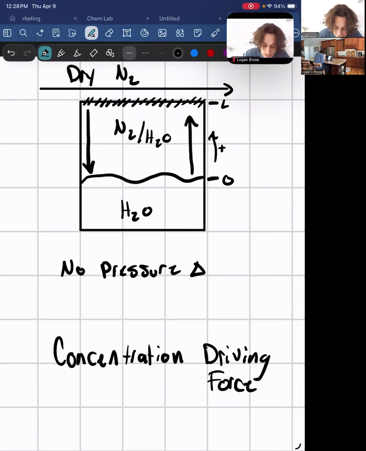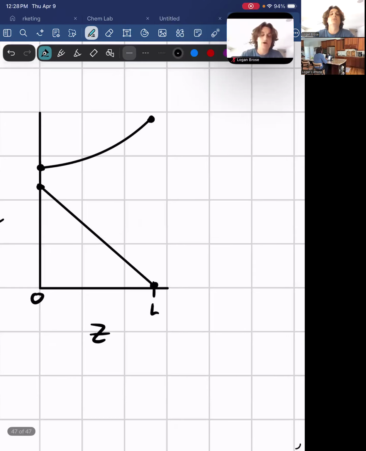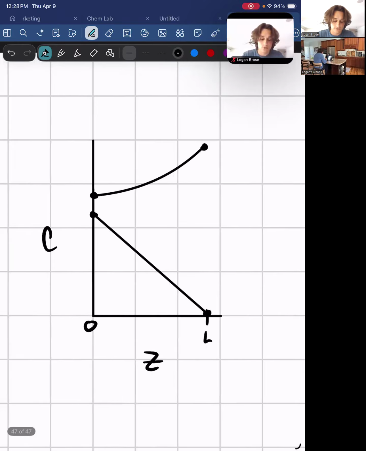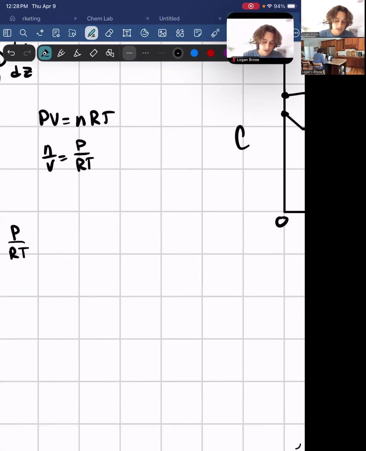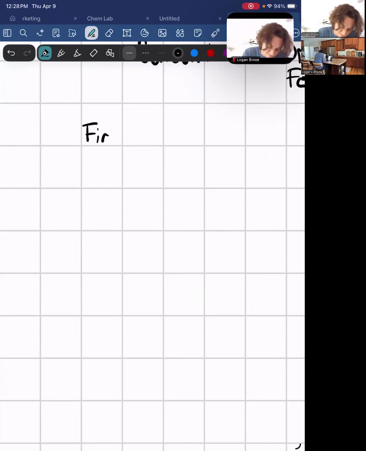So it has to go across here, because it's not going to diffuse into the water. So this doesn't exactly work, because now we're confusing diffusion with total molar flux. And so, Fick's law, let's rewrite this here.